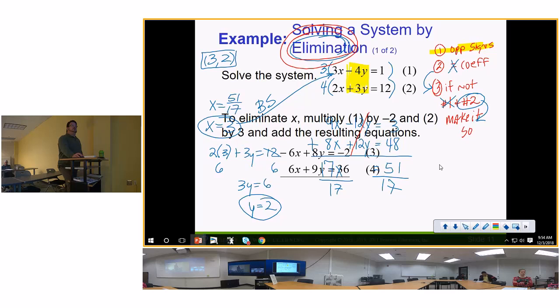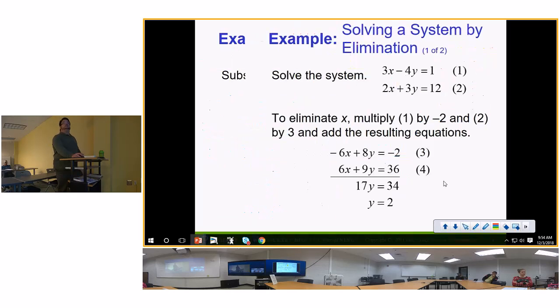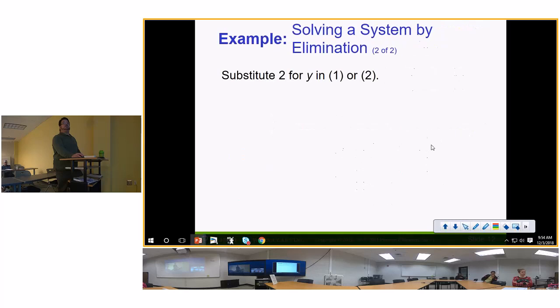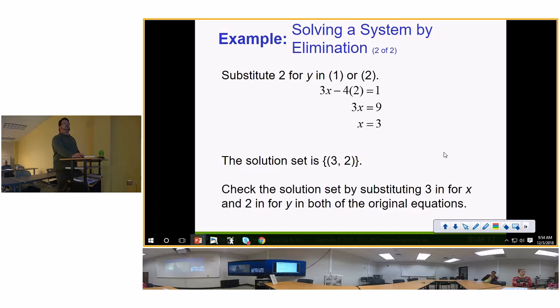So they multiplied the top by -2 and the bottom by a positive 3. And they got 2. See, we got 2 also. And back substitute, and they got 3. So those two equations cross at 3, 2. And that's elimination.